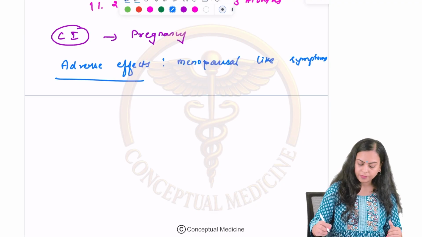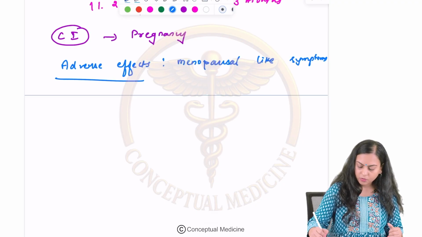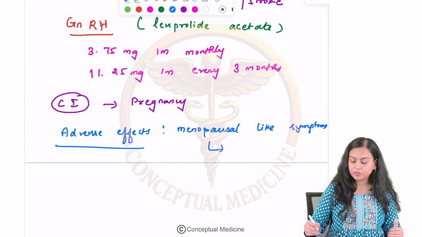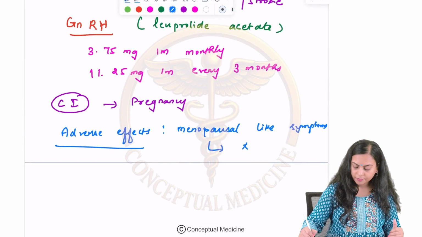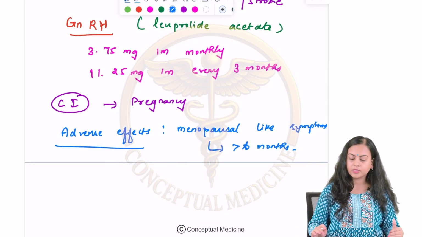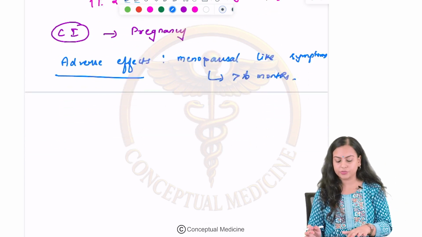This happens especially when this drug is used for more than 6 months, okay. So that we should be much cautious.